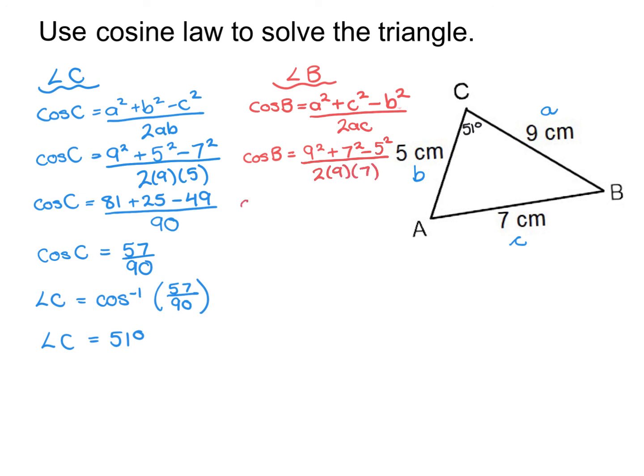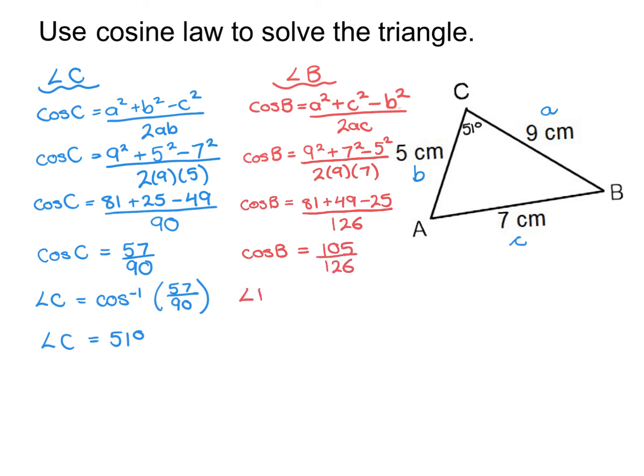Okay, so now let's calculate this. So cos of b is equal to 9 squared is 81, plus 49, minus 25. Now let's multiply the bottom numbers together, and when you do that, you should get 126. Okay, let's calculate some more. So cos of b is equal to, now let's deal with the top numbers, and you end up with 105 over 126.